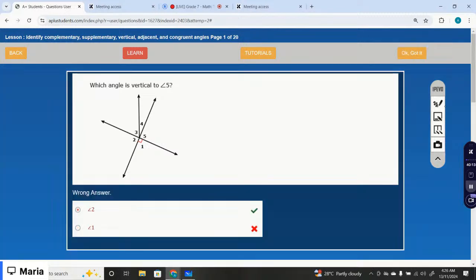Option number 2 is the correct option. Angle 2.